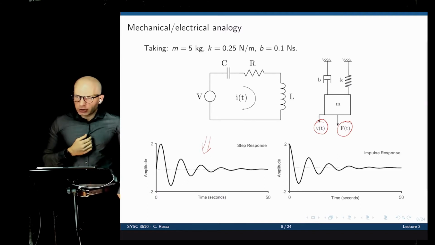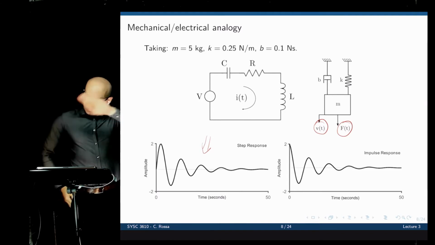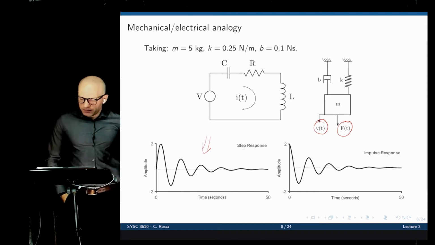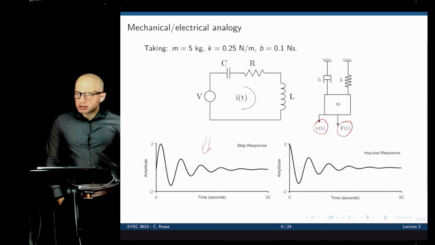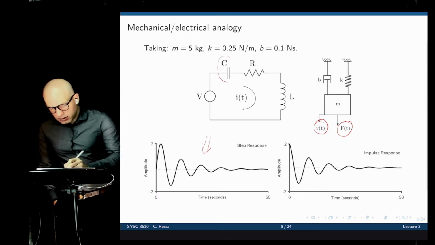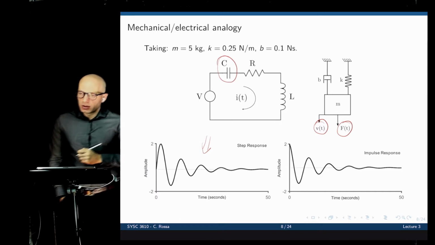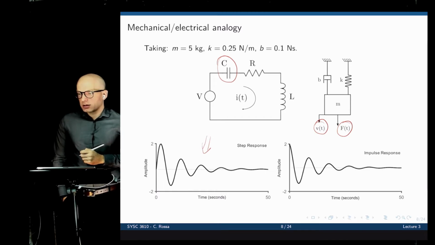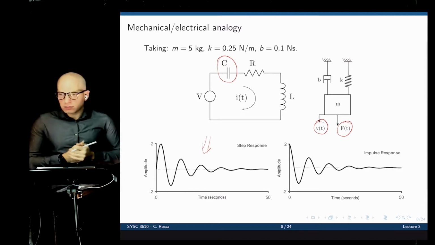What about the electrical current? When you turn the system on as in a step, the current is established in the system and eventually dies off to 0. And why is that? Because we have a DC system, and the capacitor in DC is an open circuit, so no current flows through a capacitor in a DC circuit.